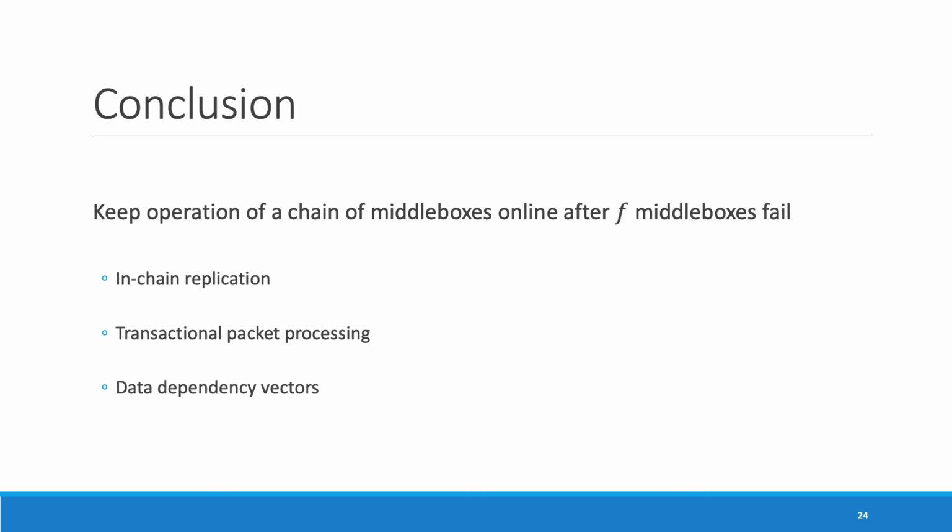FTC uses in-chain replication to replicate the state of middle boxes across the chain. Using transactional packet processing, FTC greatly simplifies the development of fault-tolerant multi-core middle boxes. Using data dependency vectors, FTC enables concurrent state replication. By using these techniques, FTC improves the throughput of the state of the art by 3.5 times.